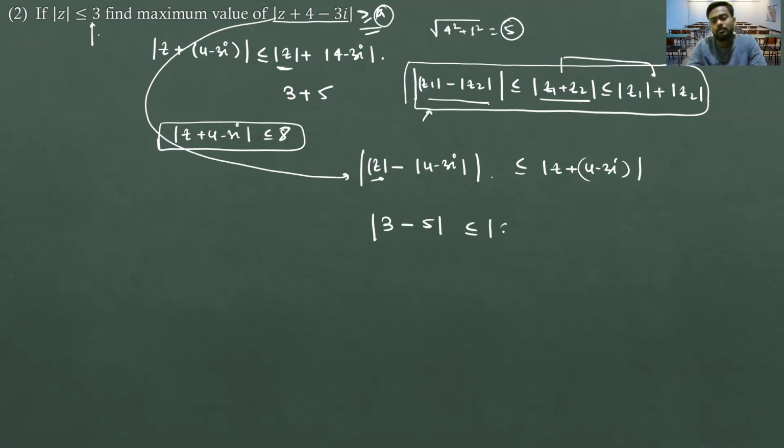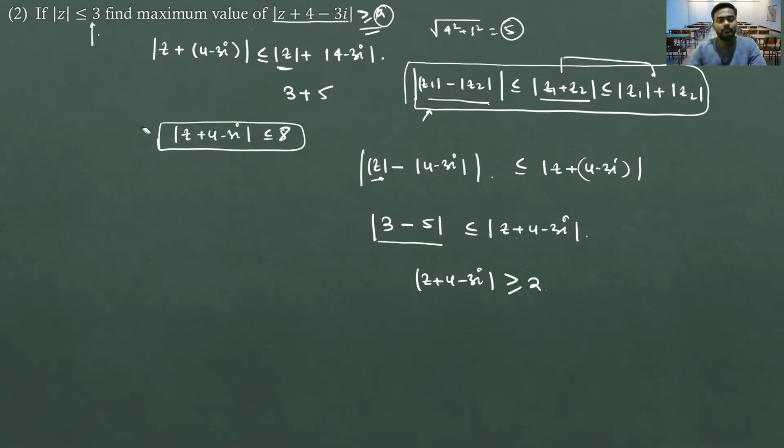So this will be less than or equal to modulus of z plus 4 minus 3i. This is minus 2, but we use the modulus to make it a positive quantity, so modulus of z plus 4 minus 3i is greater than or equal to 2. So the value of this lies between 2 and 8.